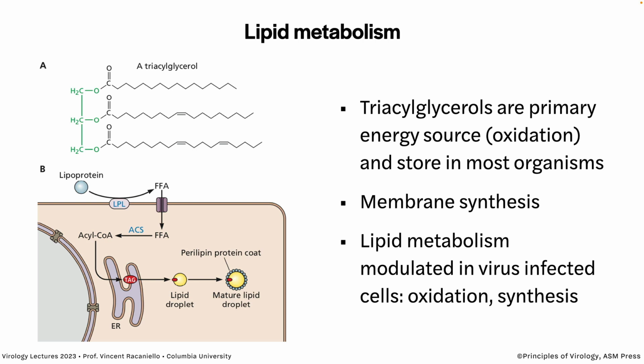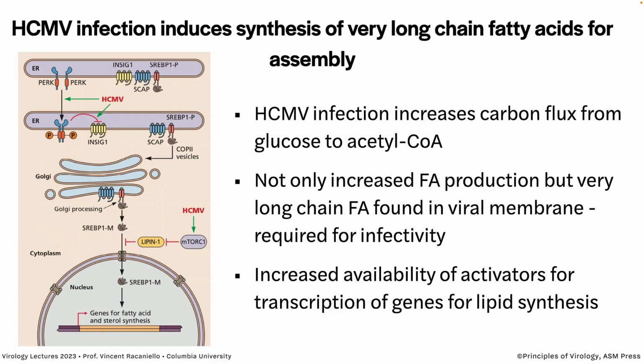And those are the storage depots of lipids in cells, these lipid droplets. And then when they're needed, the lipids can be removed and oxidized for energy. And viruses, we're learning, are manipulating these pathways to provide energy. So let's take a look at a couple of examples. This is cytomegalovirus.